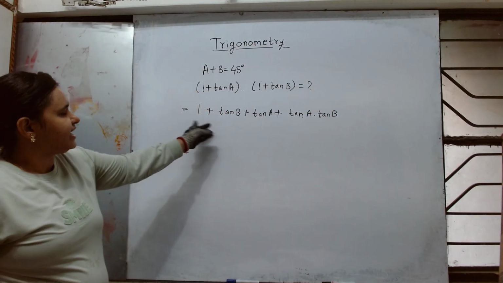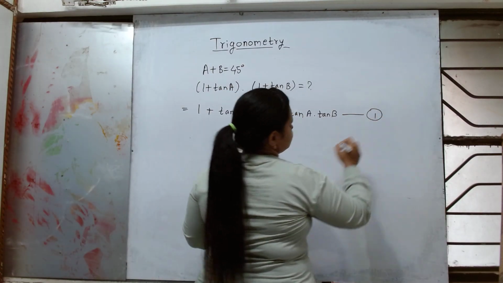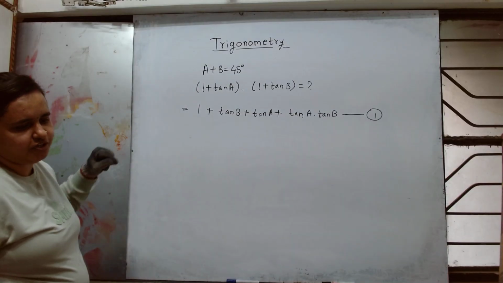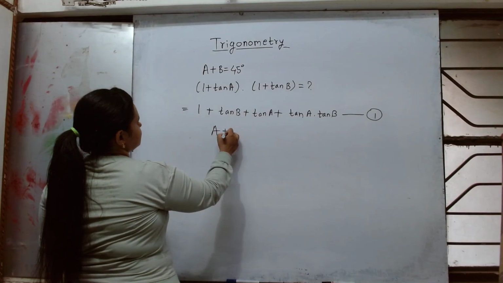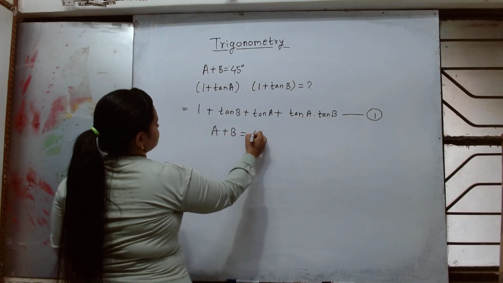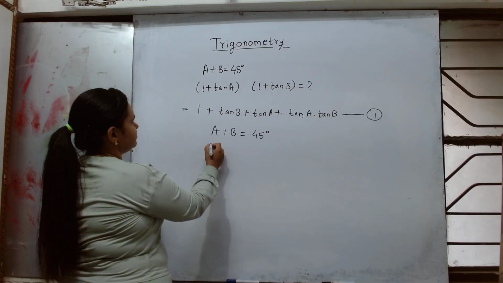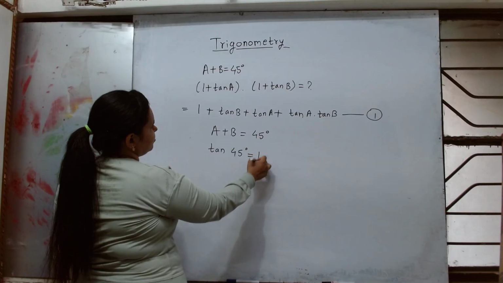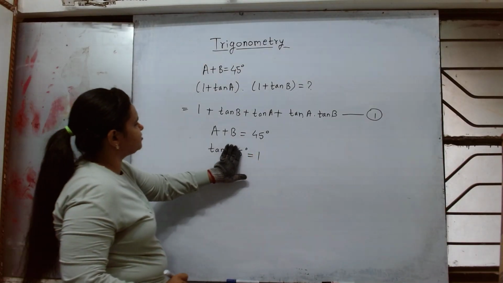Now put it as equation 1. Now a plus b is given as 45 degree. Now what is tan of 45 degree? Tan 45 is equal to 1. That means tan of a plus b is equal to 1.